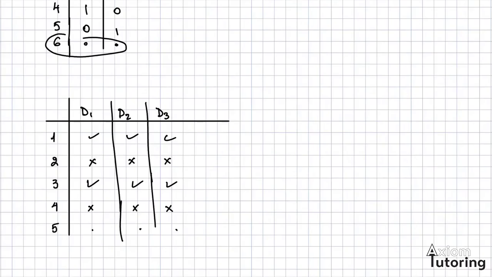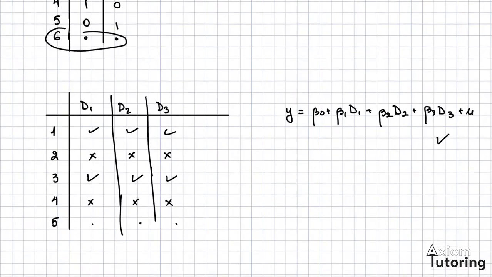So if you fall into these kinds of cases where you don't have all of the information, or you are not creating a dummy for this 4th category, the moment you run a regression, which is beta 0 plus beta 1 d1 plus beta 2 d2 plus beta 3 d3 plus an error term, this will be fine to run, because D1 plus D2 plus D3 does not make up the entire sample.